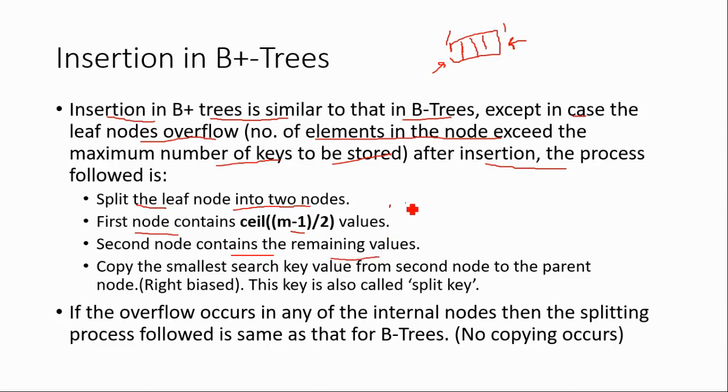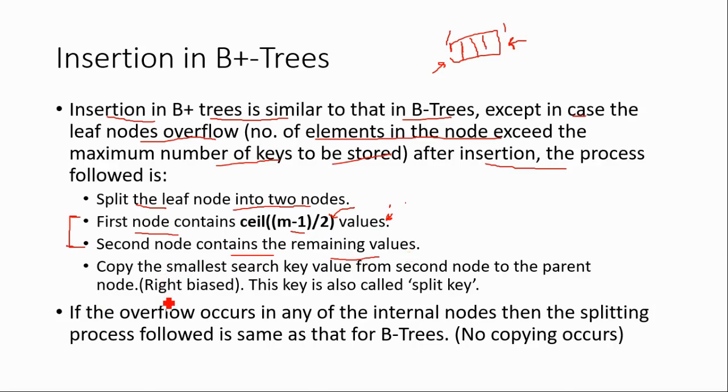This is also applicable for B trees. So if you want the exact count of elements to store in each half, in case of B trees as well, you can refer to these two lines. The first one will contain ceiling of (m minus 1) by 2 values, and the second contains the remaining.